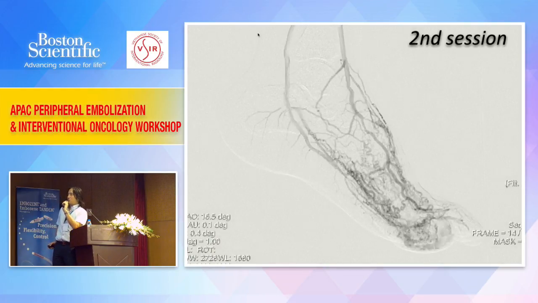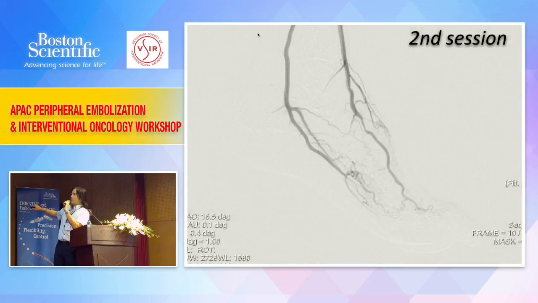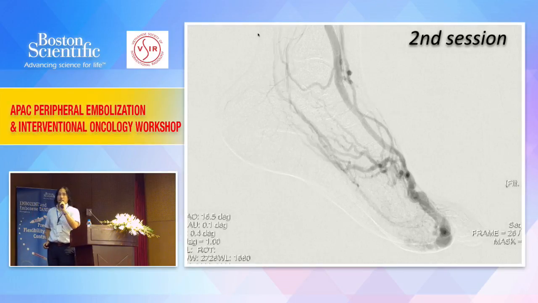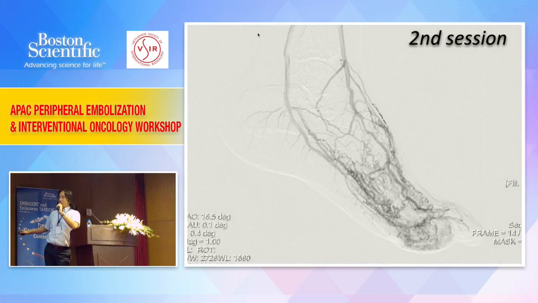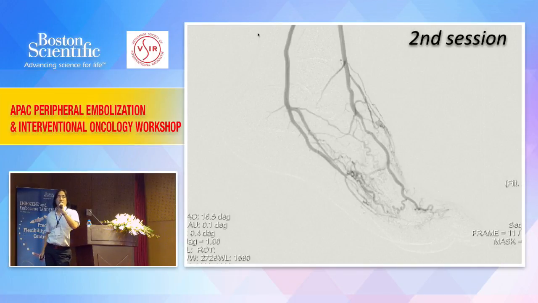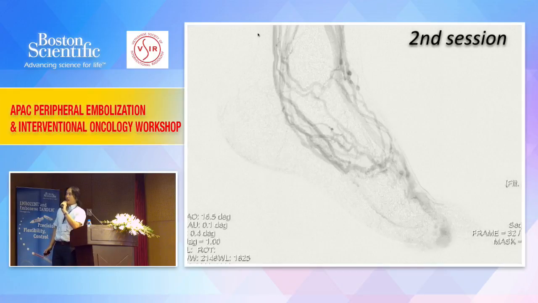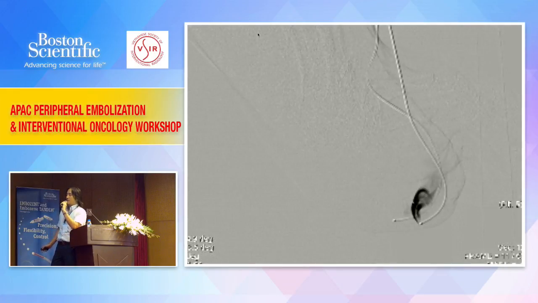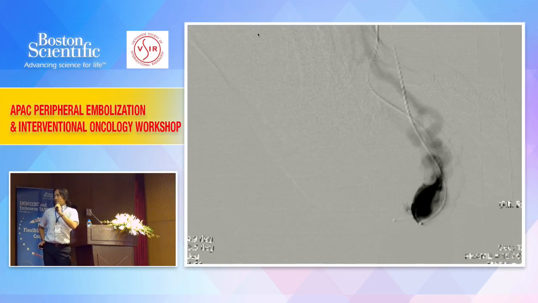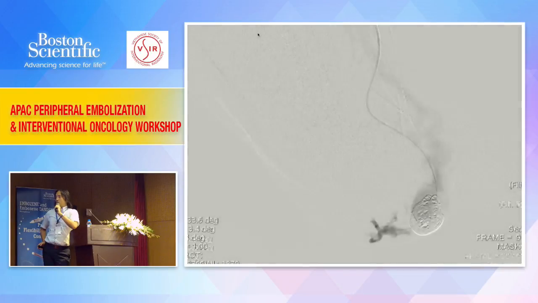In the second session, you can see that one of the feeding arteries is completely embolized. However, a new collateral artery developed after that. So this time, I punctured the drainage vein and advanced a microcatheter to the nidus, put in coils and injected alcohol.